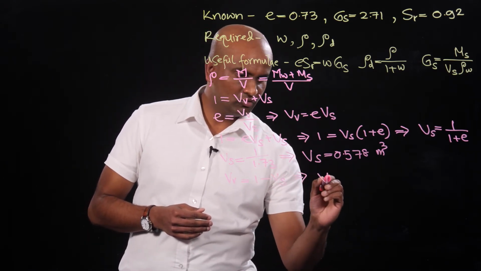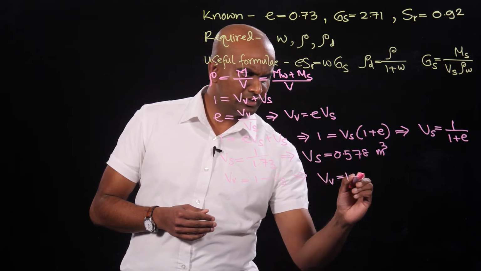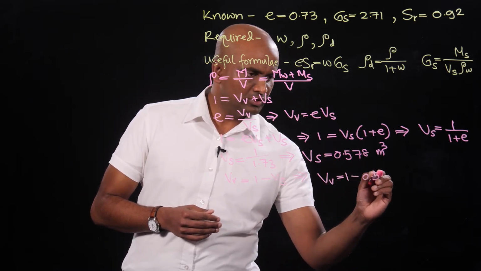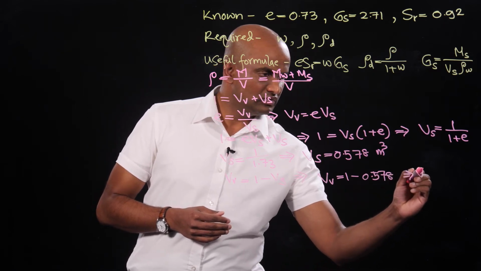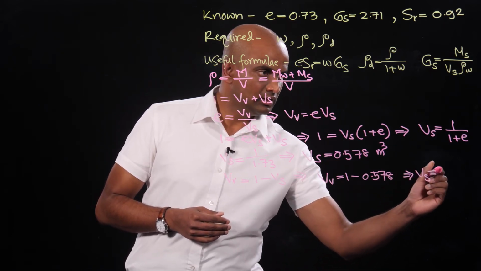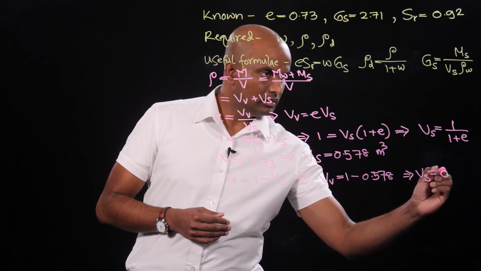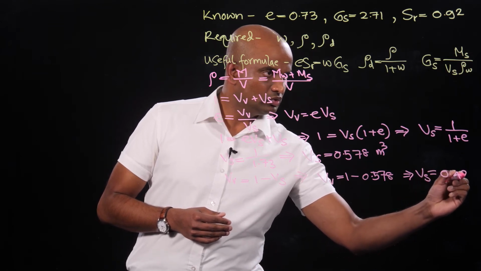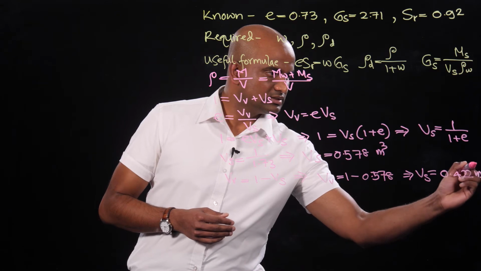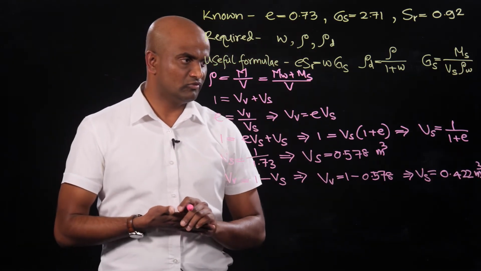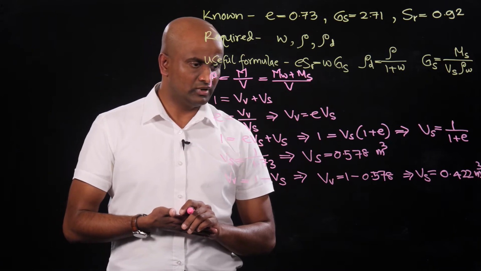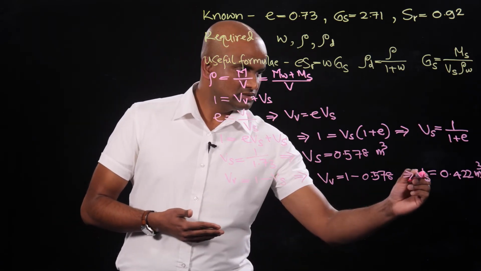Therefore, your total void volume will be 1 minus 0.578, which will give you V_v as 0.422 cubic meters.